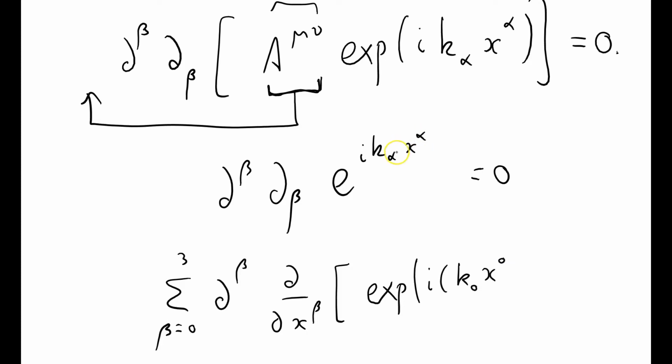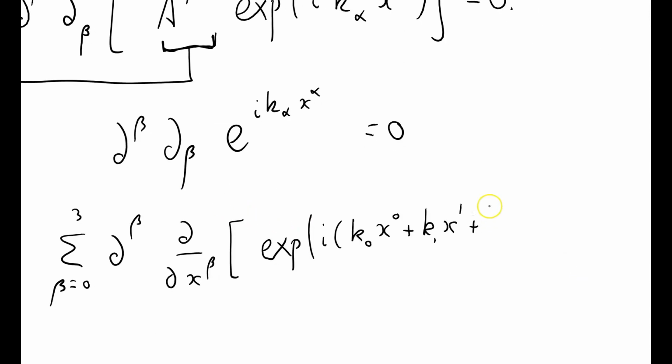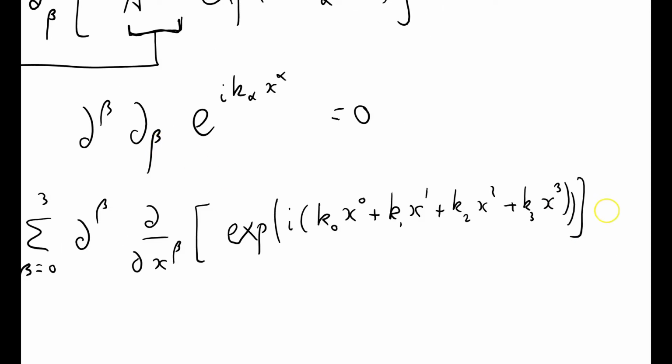There's an implicit summation over alpha, plus k1 x1 plus k2 x2 plus k3 x3. We've got quite a lot of brackets to close. There we go. And all this thing equals 0.